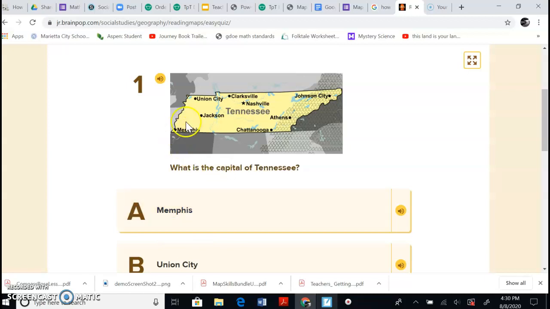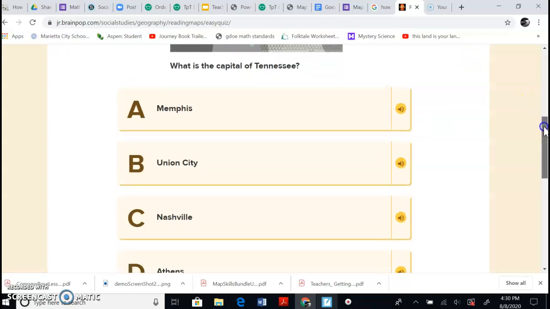Now I see lots of dots here, which stand for cities, but not every city has a dot beside it. Do you see a city that has something other than a dot? Right, there's one that has a star, and that stands for capital. So Nashville would be my capital.